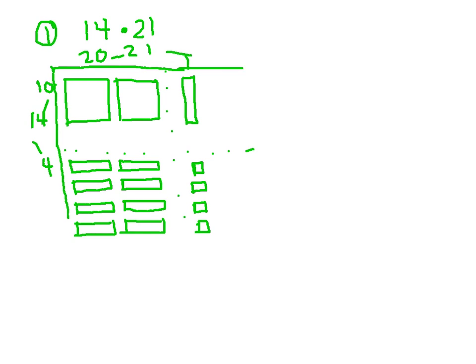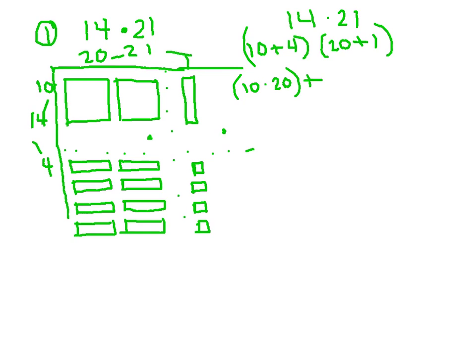So there is the drawing of the array. Now I just need to record to find my final answer. I have 14 rows of 21. I decompose the 14 into 10 plus 4 and decompose the 21 into 20 plus 1. Of course, this very first array, I have 10 rows of 20.